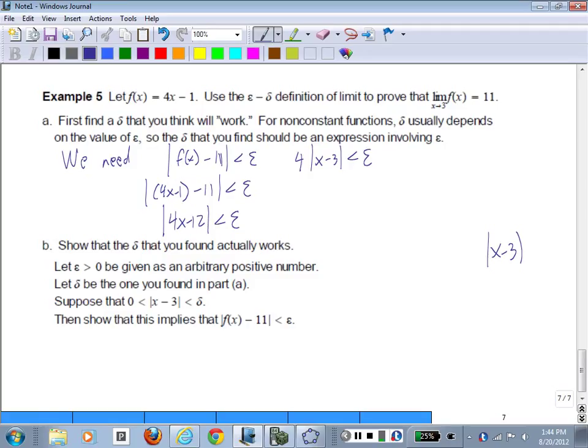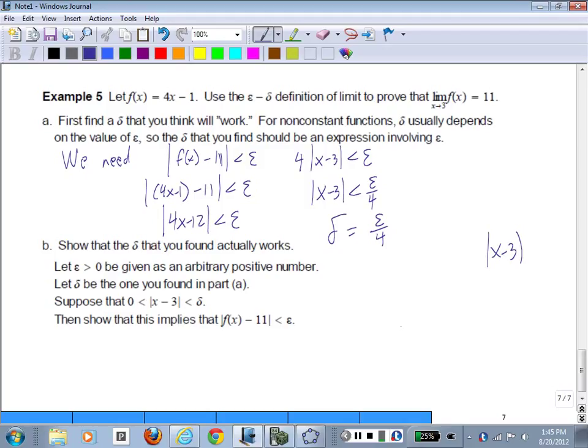If we need that expression to be less than epsilon, what kind of requirement should we then place on this expression? It needs to be less than what? Epsilon divided by 4, yeah. This needs to be less than epsilon divided by 4. So that's our delta. Delta equals epsilon over 4.